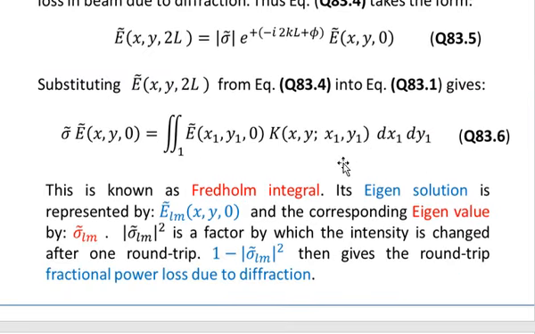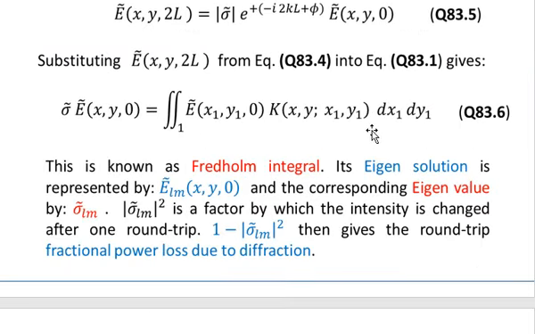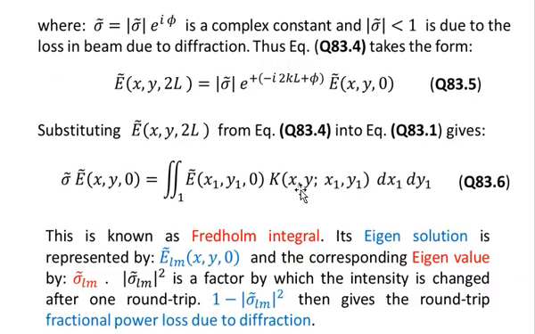So this is what the integral states, that after one round trip you have the same field as the initial field on the left hand side, that is E prime of x comma y comma 0. The solution of this integral will give you the eigensolutions and the eigenvalues. So the field after one round trip is given by equation number 6.